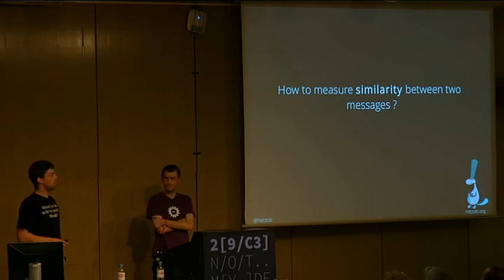Since it's an automatic approach, for this part of the algorithm we need to automatically find if the alignment is efficient or not. So we qualify the alignment with a score. We name it the similarity score or measure. And we compute it for each pair of messages and try to find the best alignment using this score.